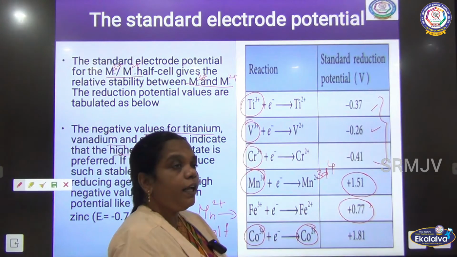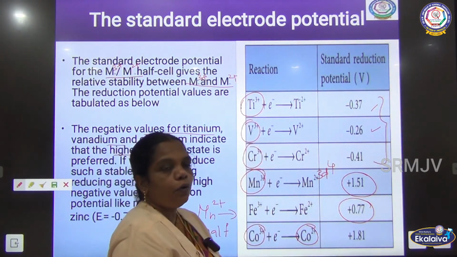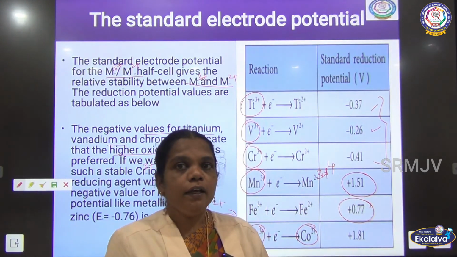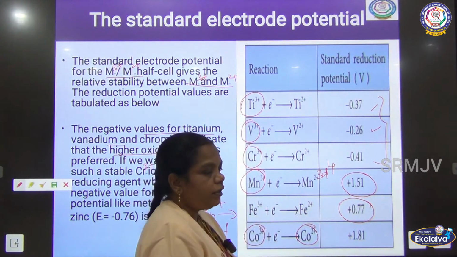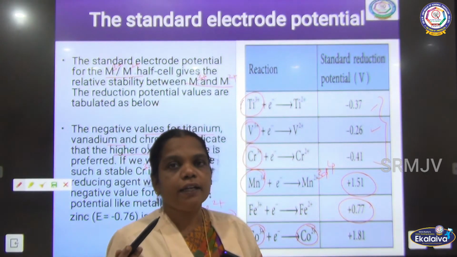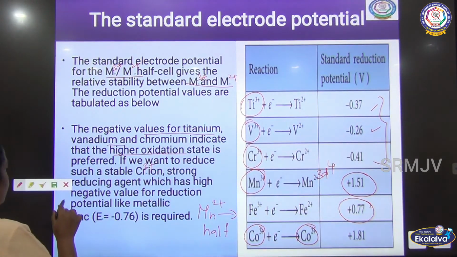So even in the higher oxidation state, titanium, vanadium and chromium are preferred to act as reducing agents, but compared with manganese, iron and cobalt, in the higher oxidation state they cannot act as a reducing agent. That can be given in this tabular column.